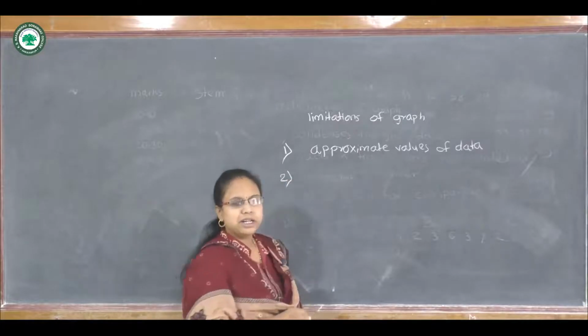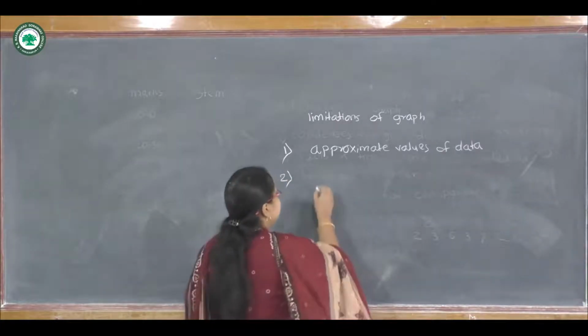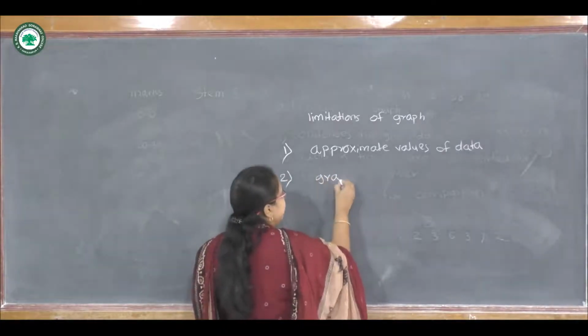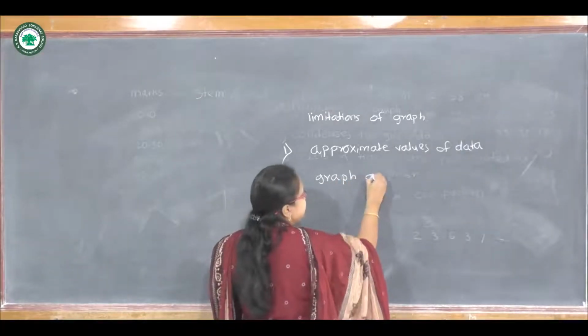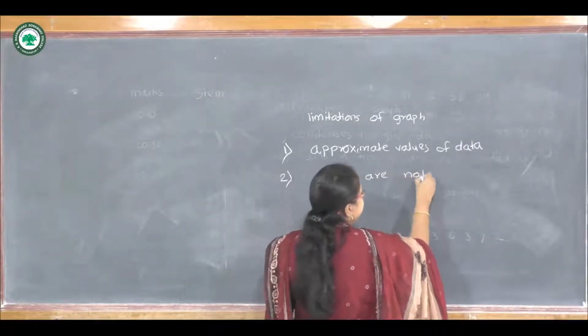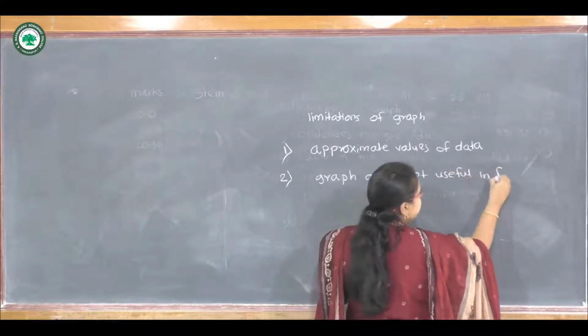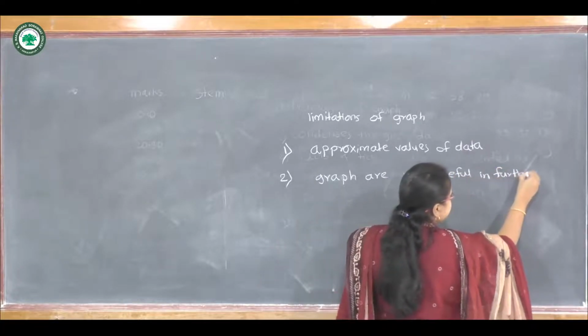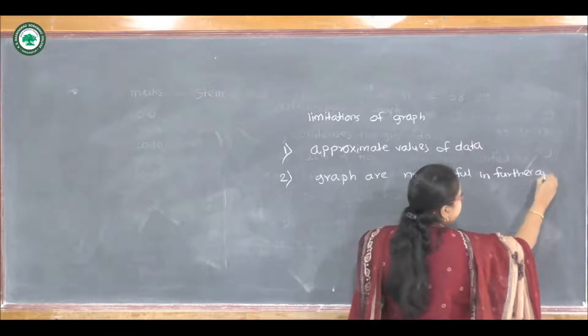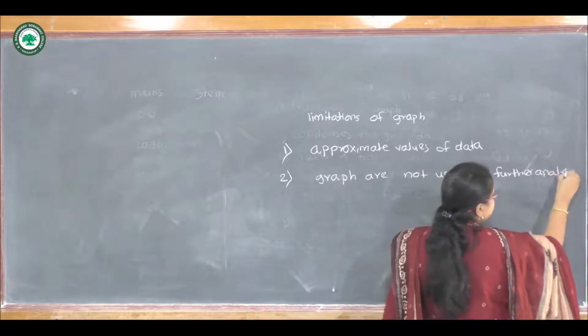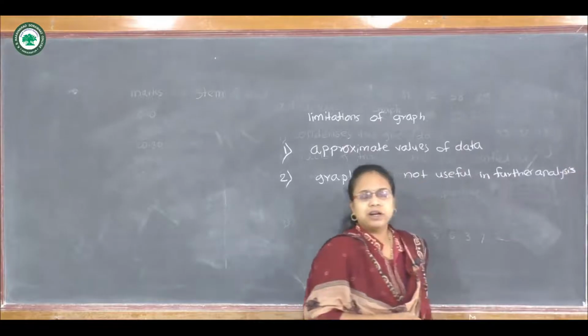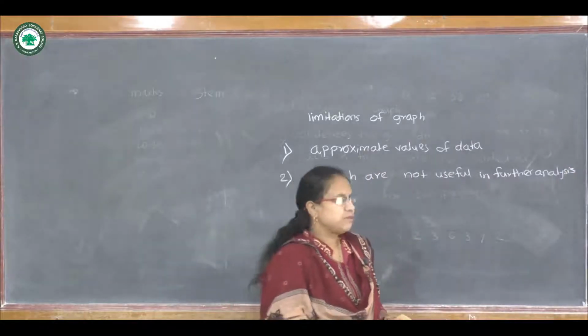The second limitation is graphs are not useful in further analysis, while a table will help us in further analysis.